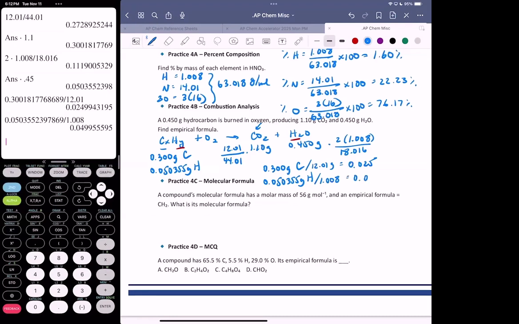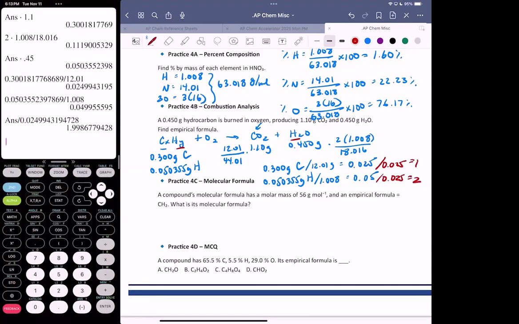I'm going to divide each of these by the smallest. The smallest is 0.025. 0.025 is 1. I'm assuming this is 2. Sometimes I make mistakes, so I'm just going to check that. Yeah, it is 2. So the empirical formula of this hydrocarbon is CH2.